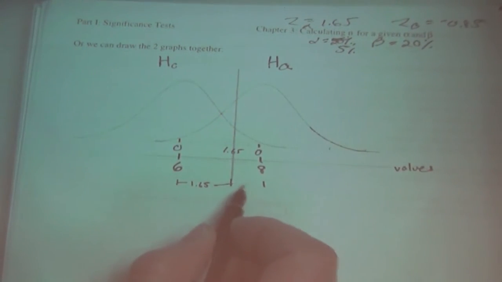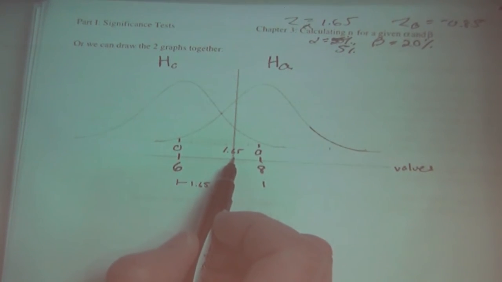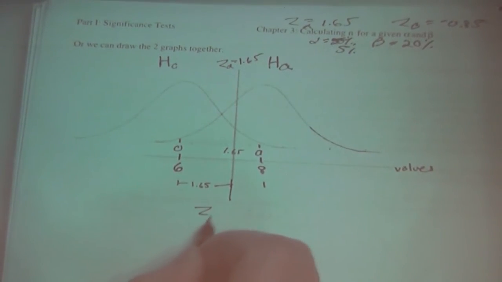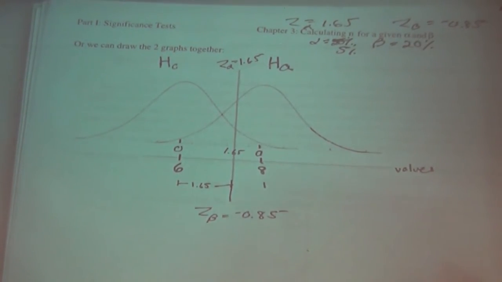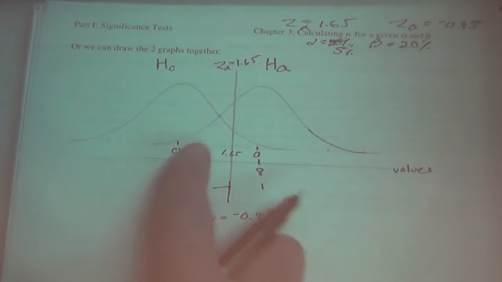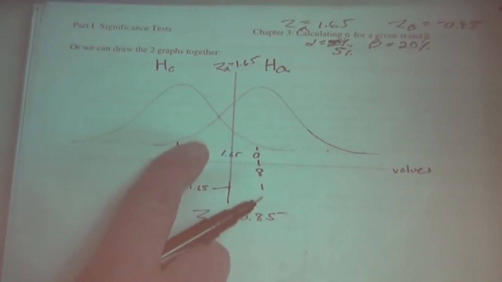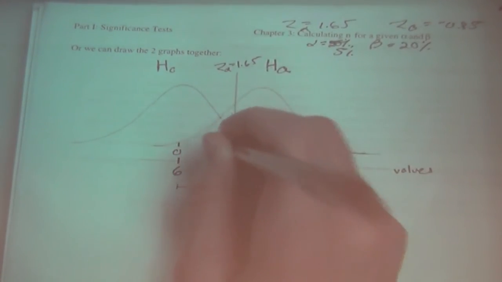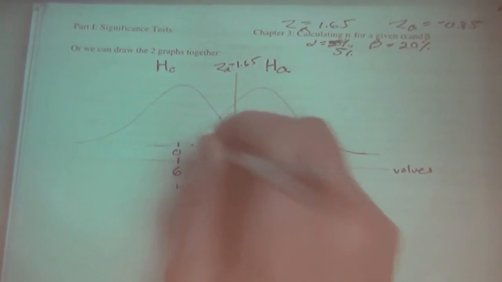So what do you think this is, just as a distance? The same cutoff here was Z alpha equal to 1.65, but Z beta equal to negative 0.85, correct? Isn't it the same cutoff? We want this right here to be 20% and this to be 5%. That's 20%.